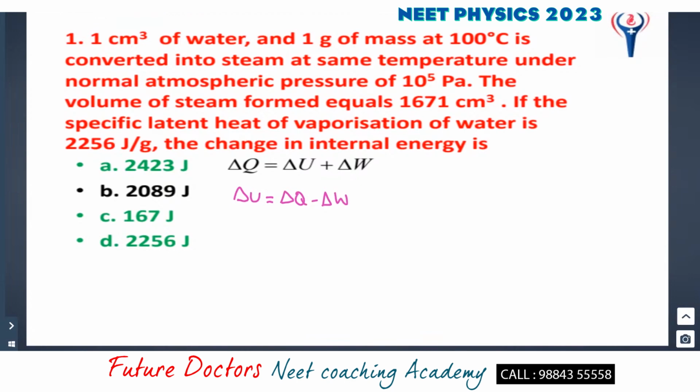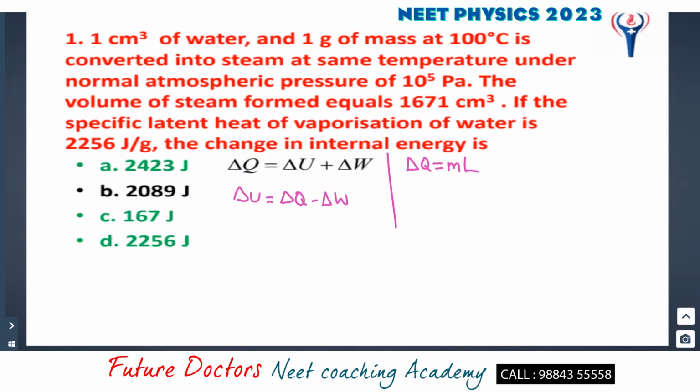Then substitute this here. ΔQ equal to M into L. What is the value of M? M is a mass, 1 gram, and L is 2256 joule per gram.